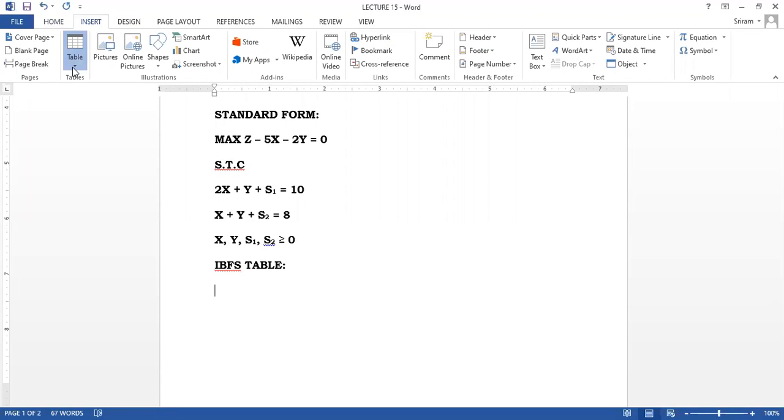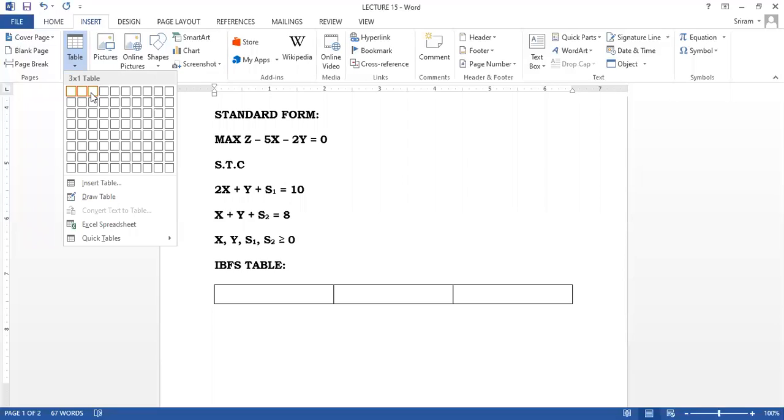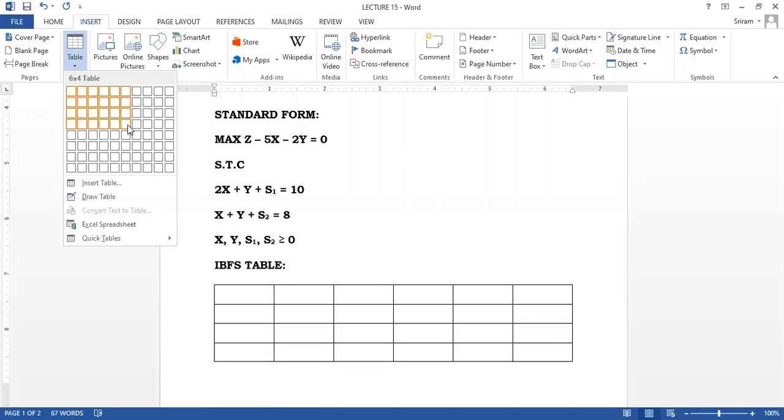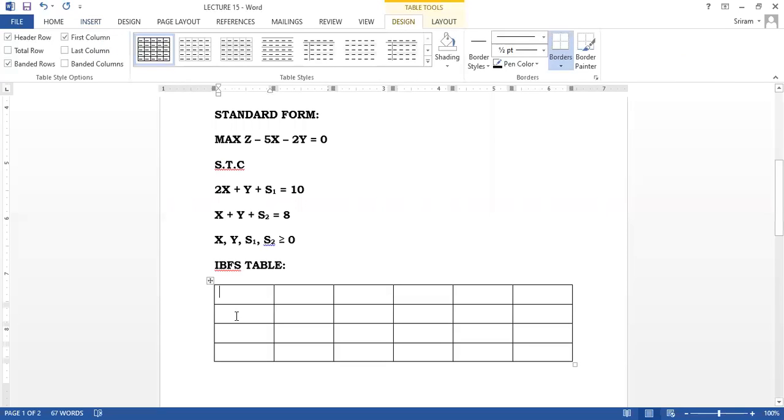In the table, I am going to take rows and columns.